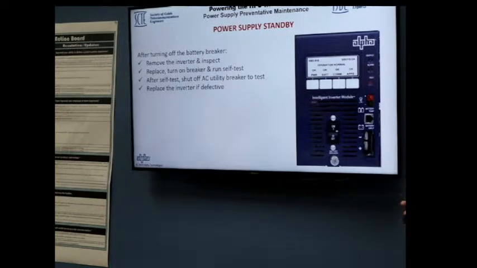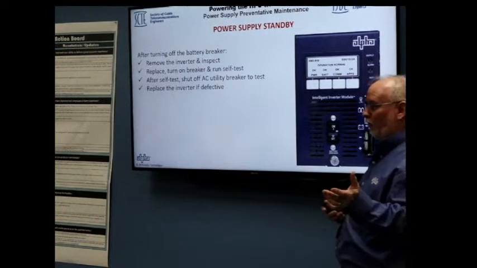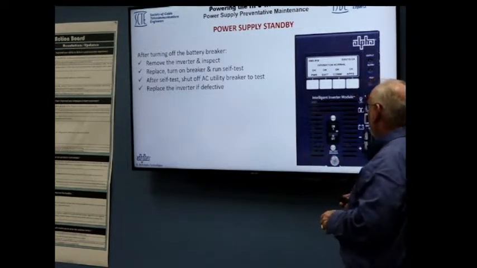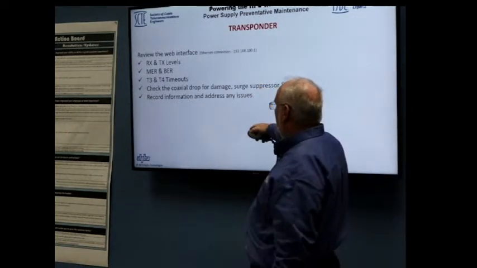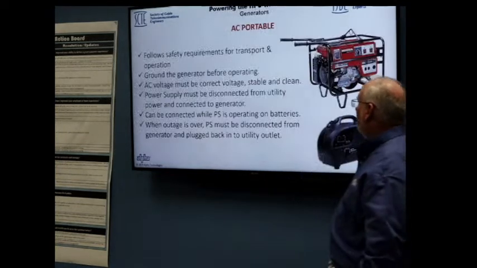If you flip that switch quickly, you won't violate the 3-cycle limit. Don't flip it slow, okay? Flip it fast, and you'll be able to ride through. You can do whatever you need to do to the system. I'm a big one for that. Again, transponder: check the RX and TX levels, the mirror there, look for T3, T4 timeouts.